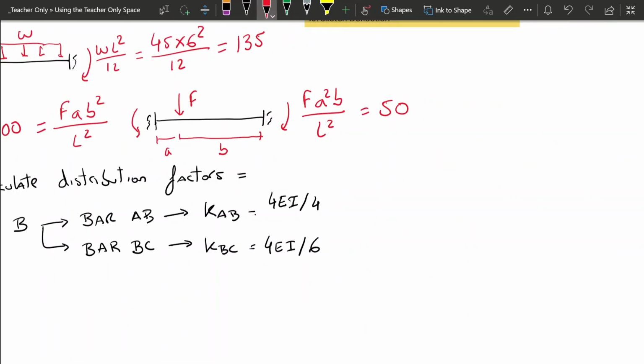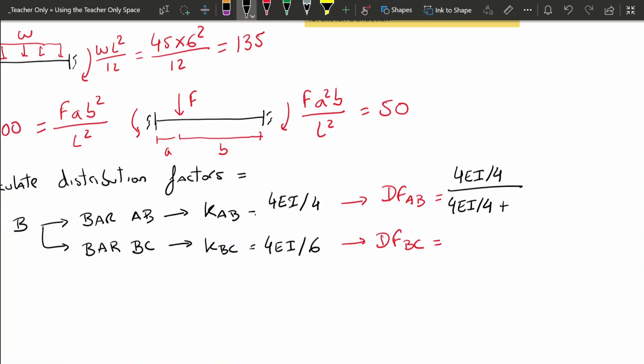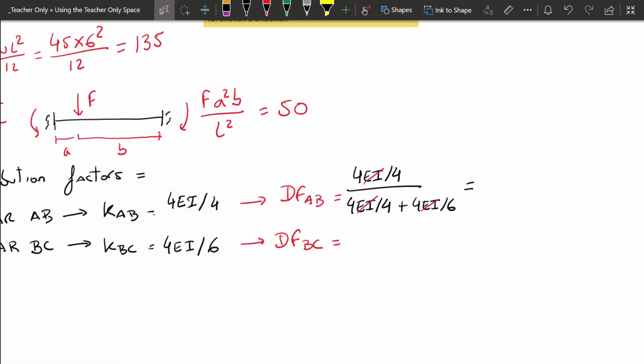The distribution factor is the stiffness of the bar divided by the total stiffness of the node. So here we get 4EI over 4 divided by 4EI over 4 plus 4EI over 6. The EI always simplifies, and in this case we get 0.6 for AB. Now we know that this one has to be 0.4. So in total, we get 100%.